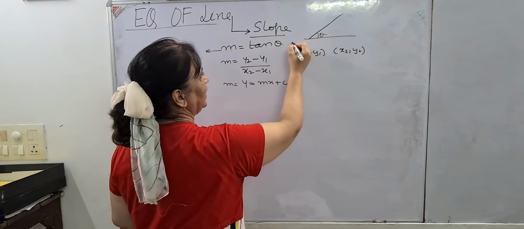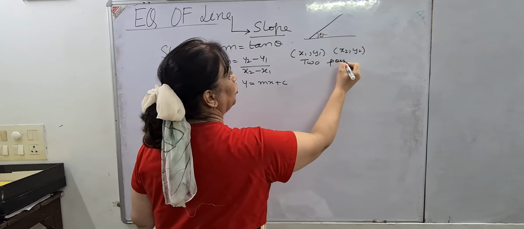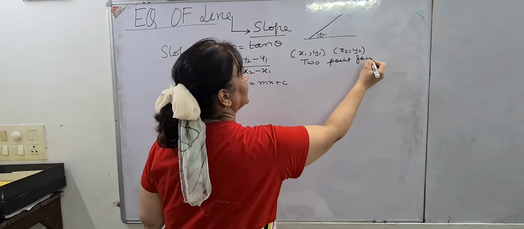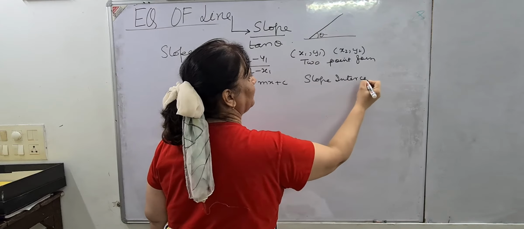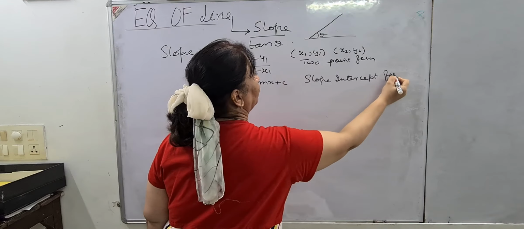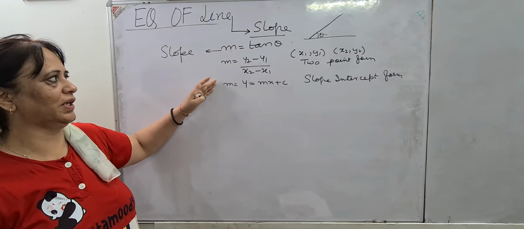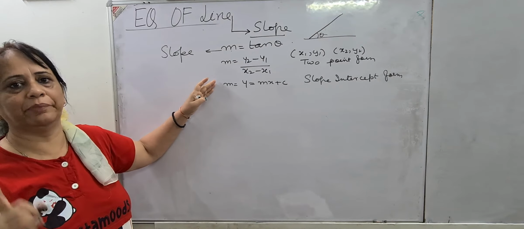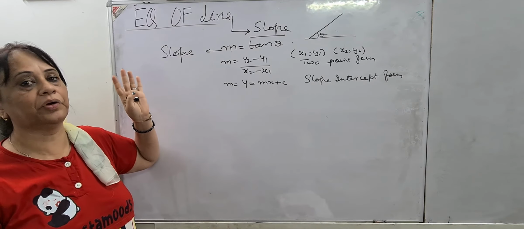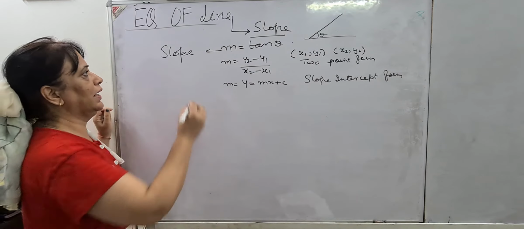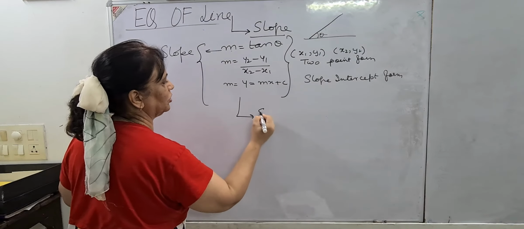So first is the inclination form, second is the 2-point form, and third is the slope intercept form. These three types of forms, you have three ways you can use to find the slope. And remember children, without finding slope, you cannot find the equation of line.